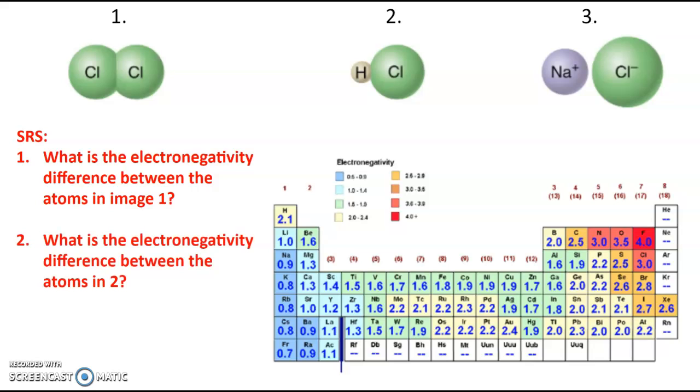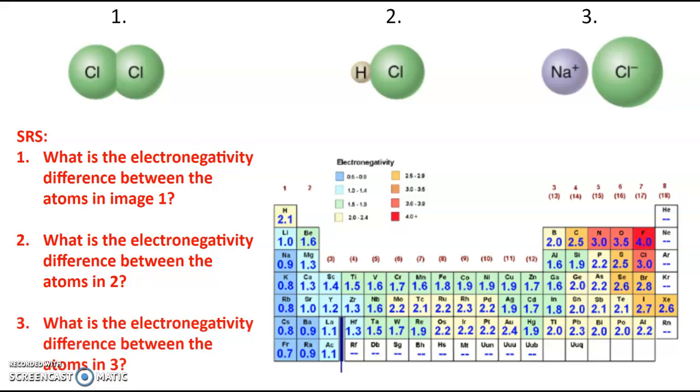Then the electronegativity difference between the things in 2: you're going to find the electronegativity of chlorine and subtract the electronegativity of hydrogen. And for 3, you're going to do the same thing by finding the electronegativity of sodium and subtracting it from the electronegativity of chlorine. So go ahead and do that real quick or real slow, whatever you want. Pause the video, take your time.